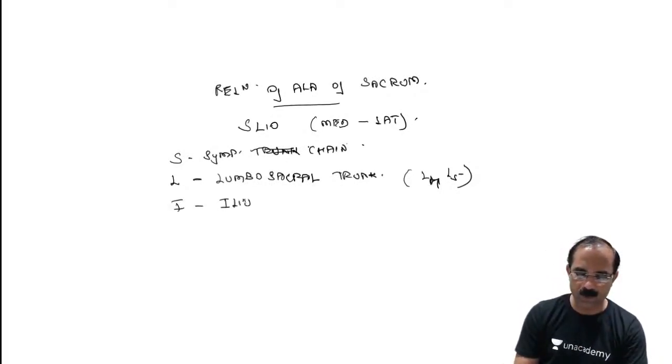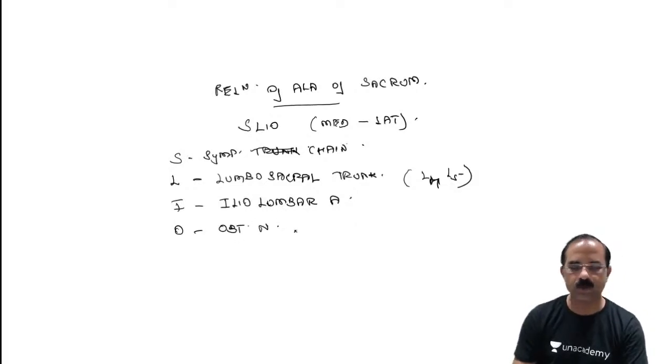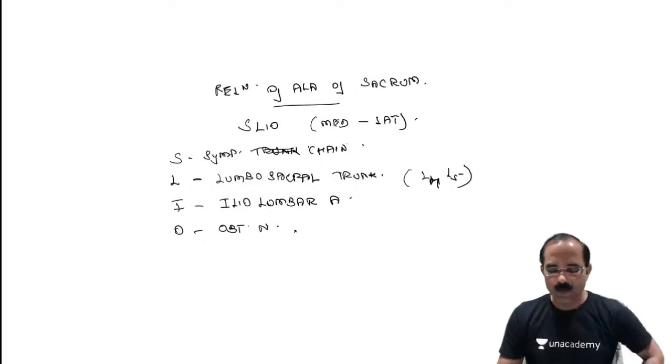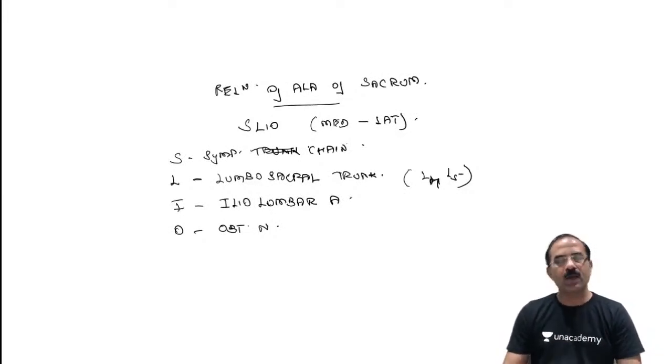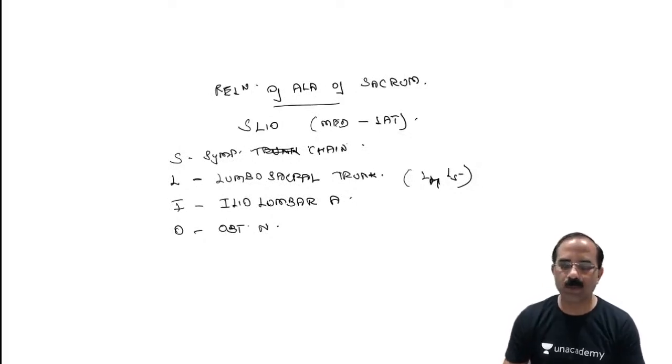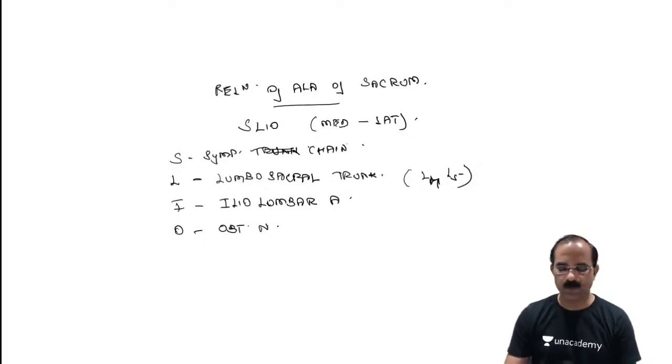I is the iliolumbar artery. O is the obturator nerve. So S is the sympathetic chain, L is the lumbosacral trunk, I is the iliolumbar artery, and O is the obturator nerve. Be very clear about the relations of the ala of the sacrum.